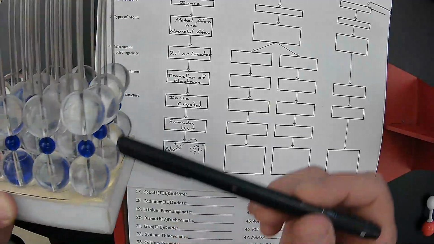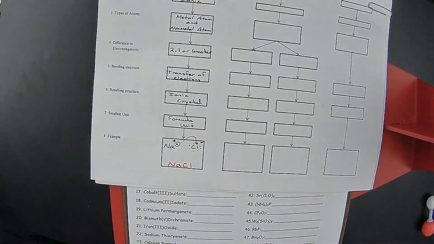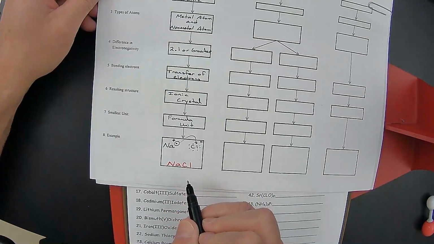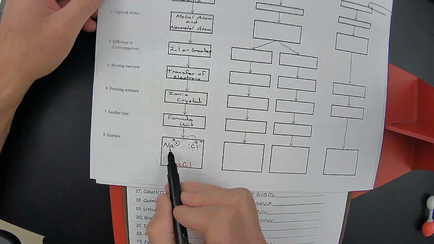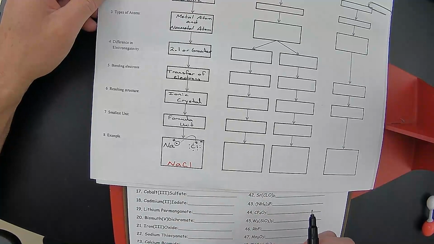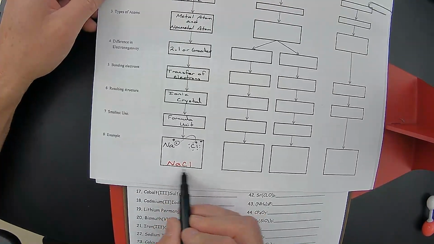The smallest unit that repeats itself is called a formula unit, and the way we represent the bonding is through the valence electrons leaving the metal, going over to the nonmetal until the metal has a complete outer energy level and the nonmetal has a complete outer energy level. The metal becomes positive, the nonmetal becomes negative, and we can come up with the formula.